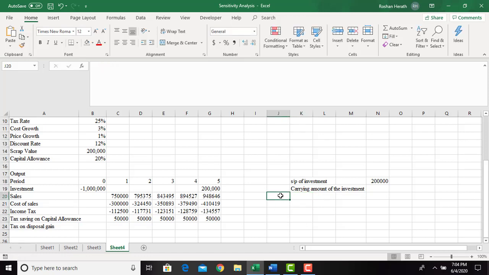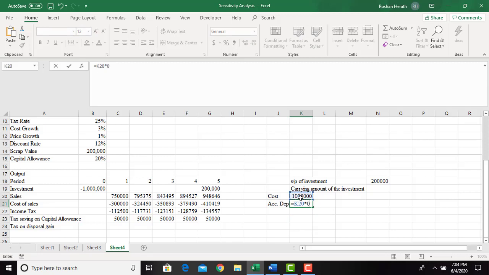Let's show them separately, then you can identify that properly. Cost is 1 million. Then if you take the accumulated depreciation in terms of tax depreciation, per annum depreciation was how much?